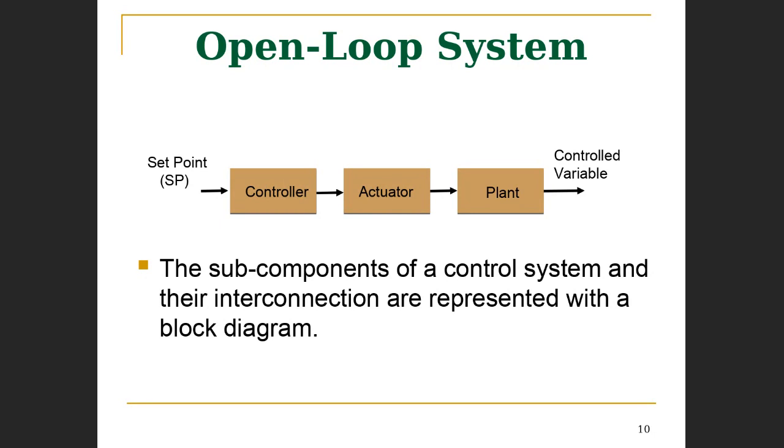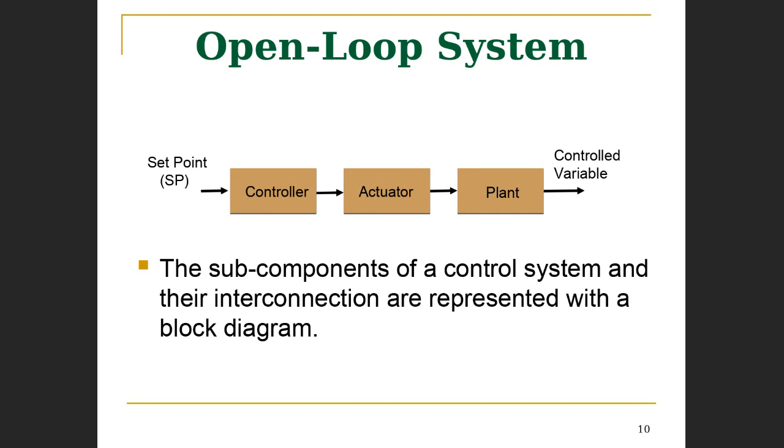So here it is that we now have the block diagram for an open loop system. There are three subcomponents in this block diagram. We have the controller, the actuator, and the plant. We'll discuss these a little later, but just to at least appreciate the structure of an open loop system.